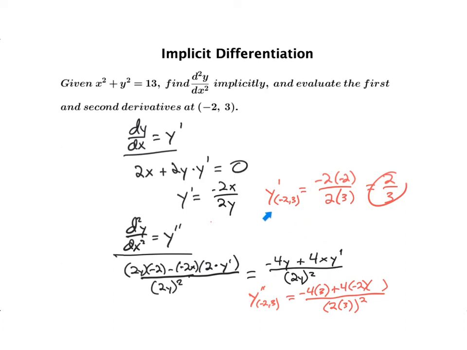Well, notice that y prime at negative 2, 3 is 2/3. So we put 2/3 in to the first derivative. Now we'll simplify that, and that comes out to be negative 13 over 27, and that's our second derivative.